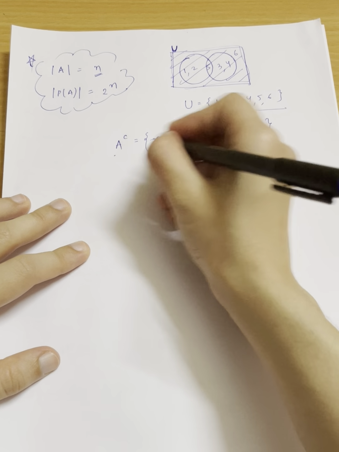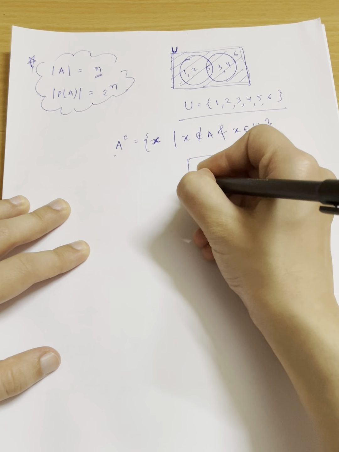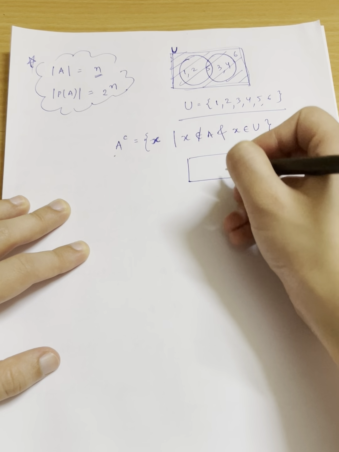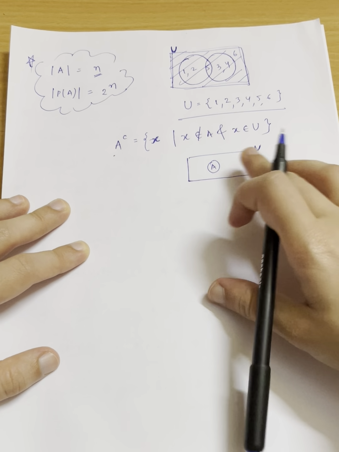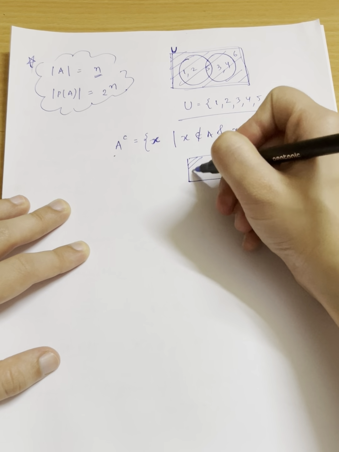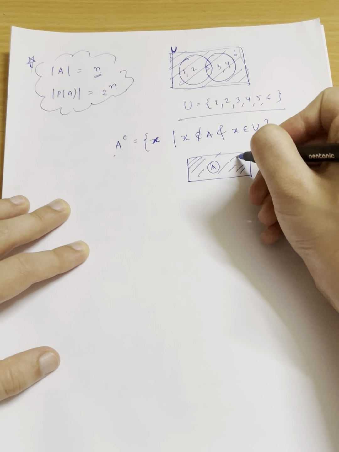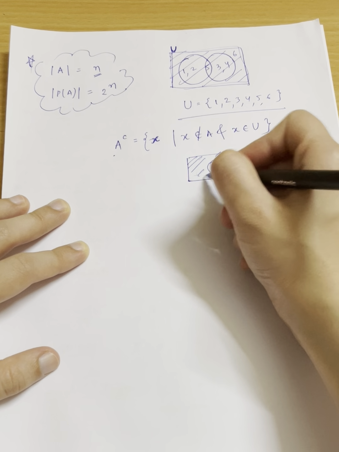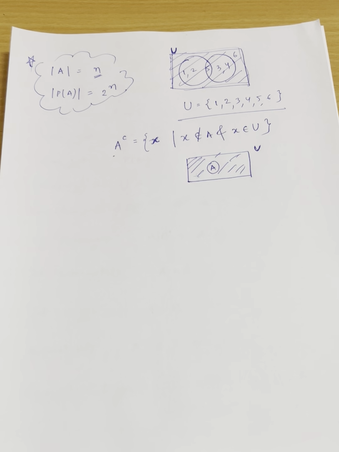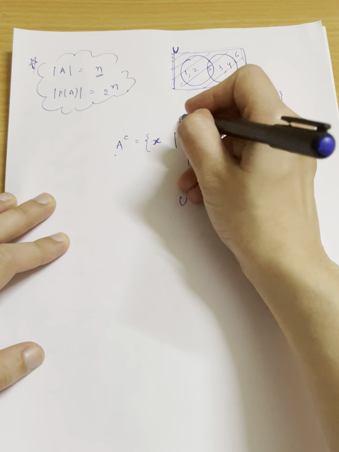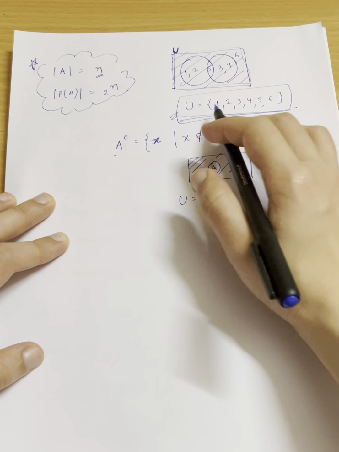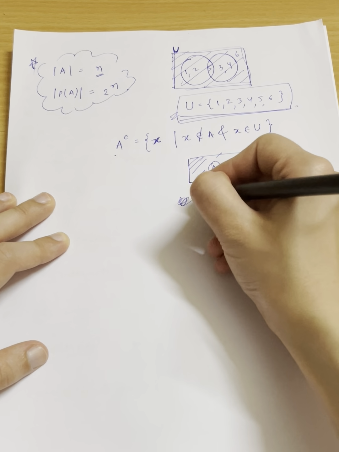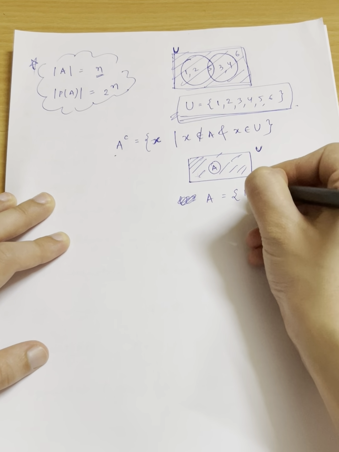So let's take this example. This is the universal set, and suppose this is A. The complement of A is the remaining part, other than A. That is the complement of a set. Suppose this is a universal set, and let's suppose A is 1, 4.